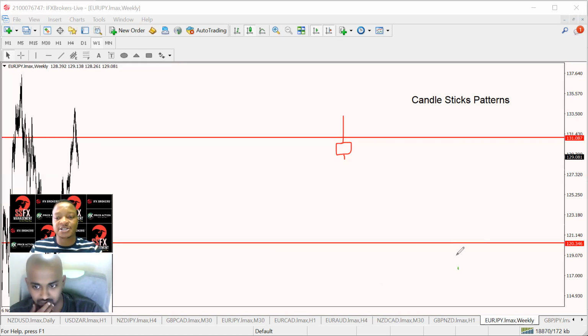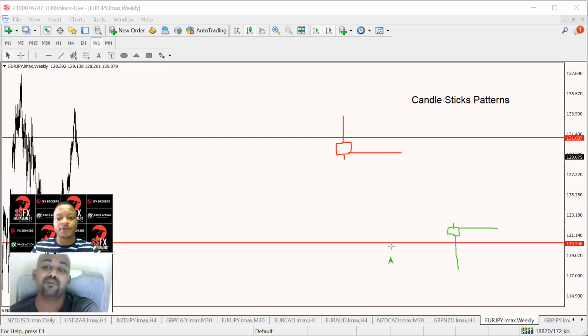When price reaches the support, we'll be looking at the bullish pin bar, so we can buy at support. Remember, we are selling at the resistance and buying at the support. We don't risk our money with one reason.